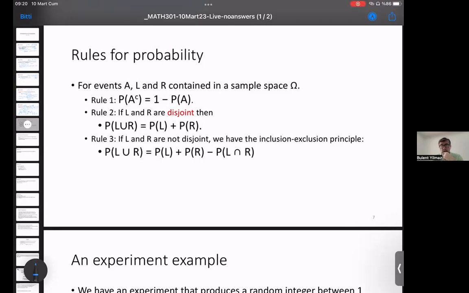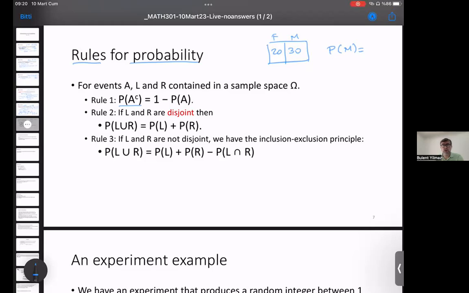So let's continue with some examples on rules of probability. If you remember, for example, we have a class, and there are 20 female students and 30 male students. When I choose a random person, what's the probability of that person being male?